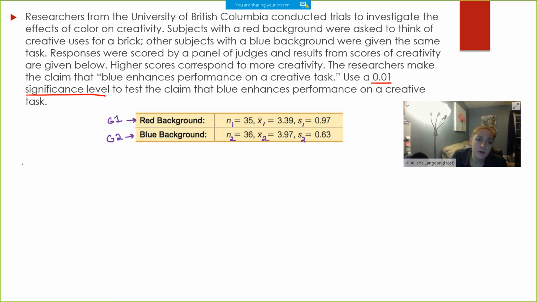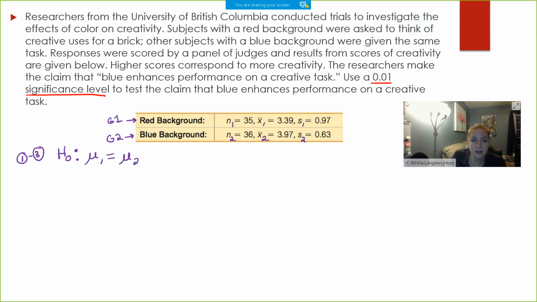So the first thing that we want to do, steps 1 through 3, those are my favorite steps. The null hypothesis. So what's the null hypothesis here? Anybody want to take a stab at that? Exactly, great. The mu's are equal.